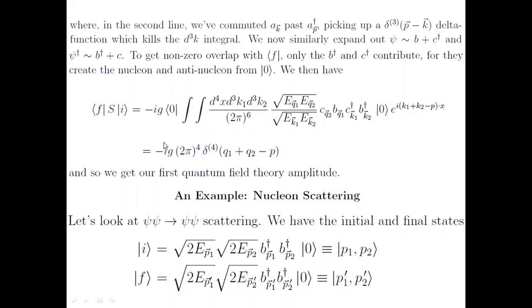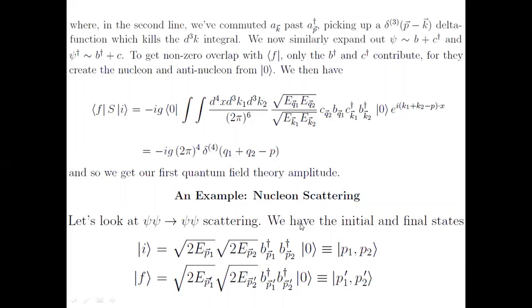This minus i comes from the Dyson formula at the lowest leading order in the Feynman diagrams, g is the coupling, (2 pi)^4 is the normalization, and this delta function ensures momentum conservation at the vertex. We will come to Feynman diagrams just later. For now, you can see that the momentum is conserved at the vertex. So we get our first quantum field theory amplitude.